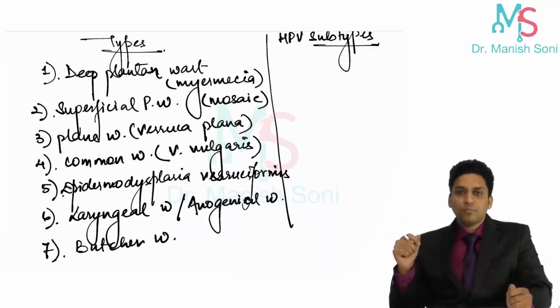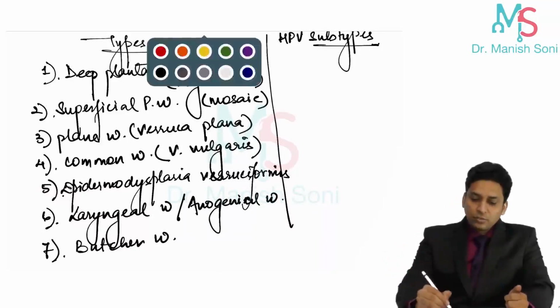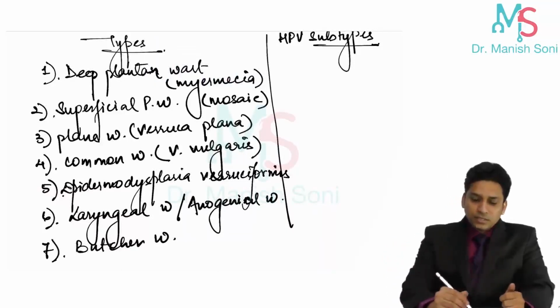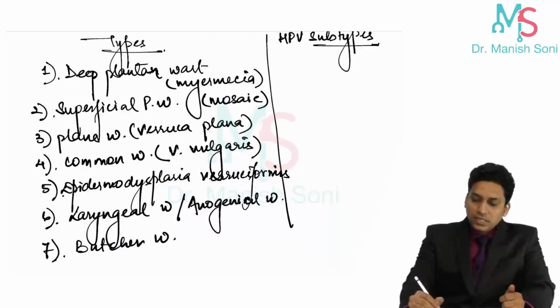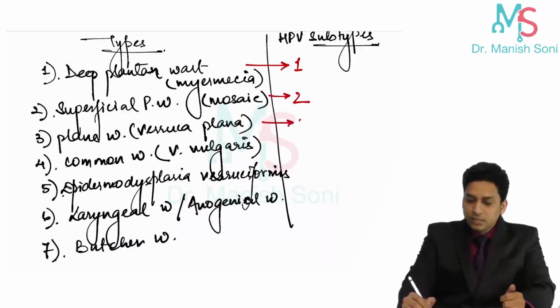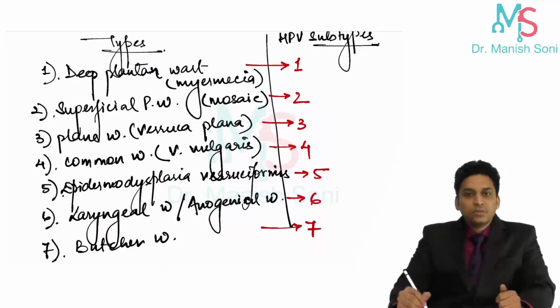And to remember those few important ones becomes very simple if you can somehow remember the sequence of these viral warts. Because the deep plantar wart is caused by first HPV subtype, superficial by second, plain by third, common by fourth, epidermodysplasia by fifth, laryngeal and anogenital both by sixth, and butcher wart by seventh. So you can see how simple it is to remember these HPV subtypes.